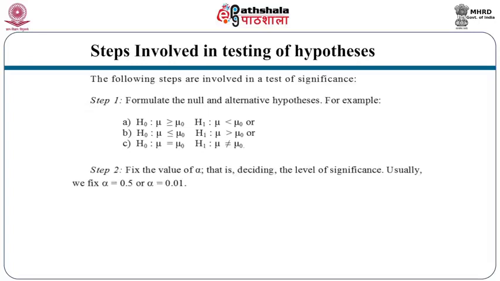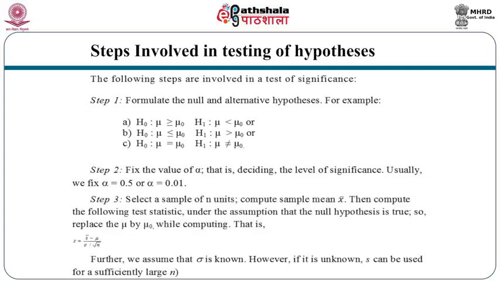Then we try to fix the value of alpha equal to 0.05 or alpha equal to 0.01. In step 3 we try to compute a statistic. This statistic may be a z statistic or it may be a t statistic.